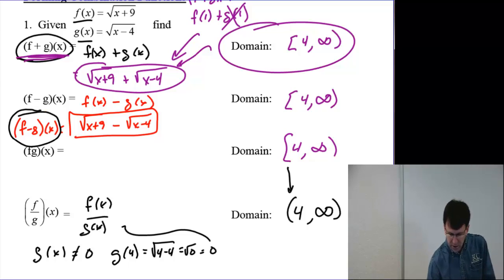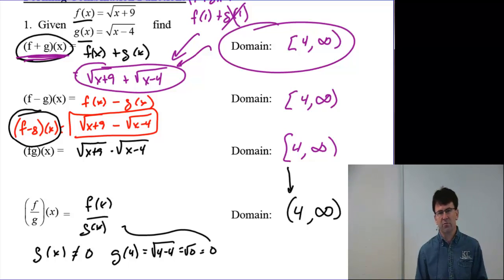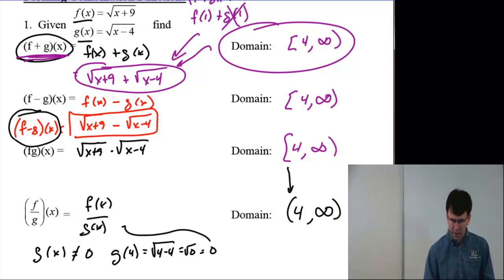So (f times g)(x) in this case is going to be the square root of x plus 9 times the square root of x minus 4. Now, in the case of the addition and subtraction, I can't combine radicals, but with multiplication I could.